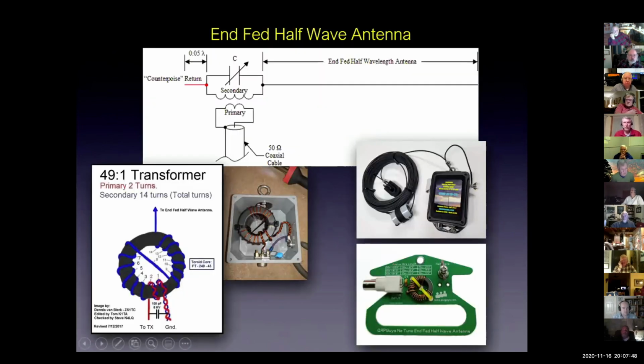So, doing some research on the internet, there's a bunch of websites that talk about creating a transformer to transform this 5,000 ohms, so to speak, down to 50 ohms. And there's all kinds of plans on the internet on how to make a 49-to-1 transformer. It can be built on a very small toroid for low power and increase the size, obviously, for high power.